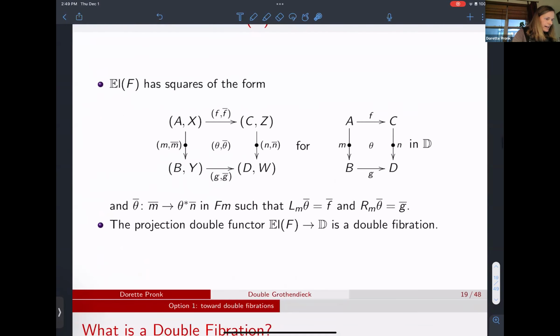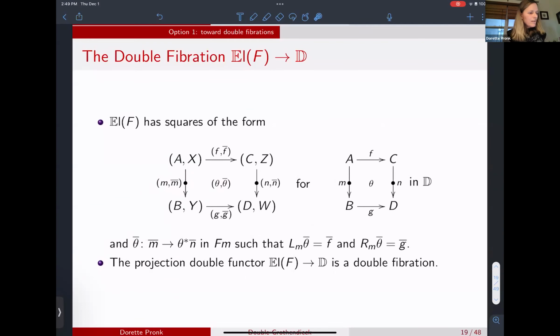And then the squares of the elements construction become pairs theta, theta bar. The theta bar is now an arrow in FM, which is again feeling like a Grothendieck type thing. So we have the theta, this is a square in D. Theta gives you a chance to take a theta upper star, which is F theta, an arrow, because it's the arrow in the middle of that square for the spans.